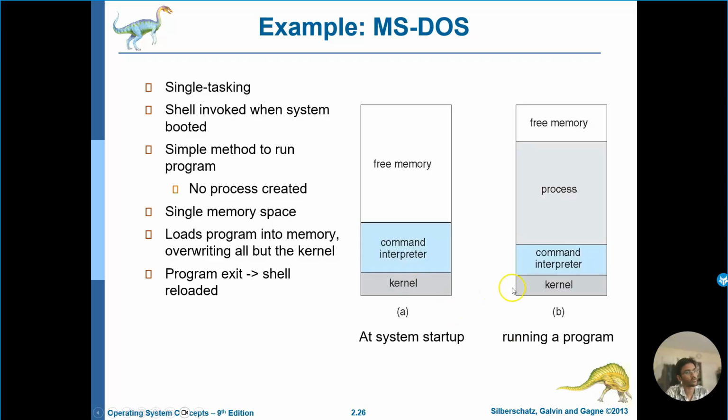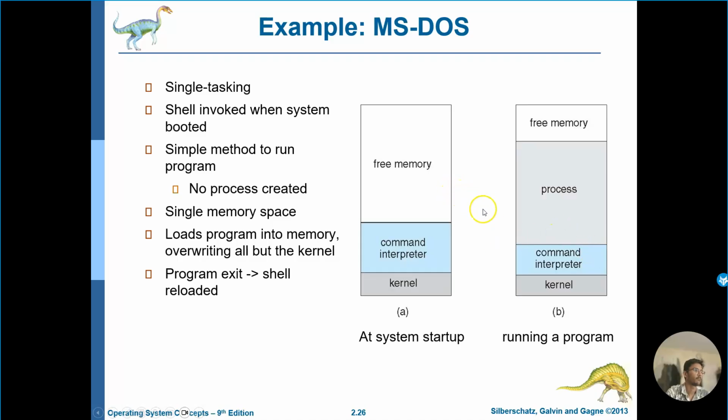But then once you start running a program, remember, a program that's running is called a process. Do you notice how you have less free memory now? MS-DOS is an example where there's a single memory space. It loads the program into memory and overwrites all but the kernel. So it could even overwrite a little bit of the command interpreter too.